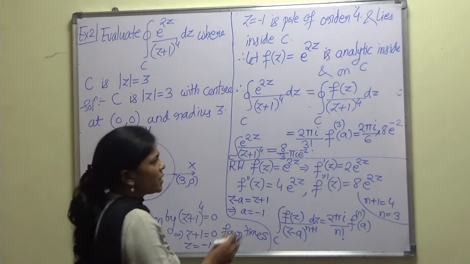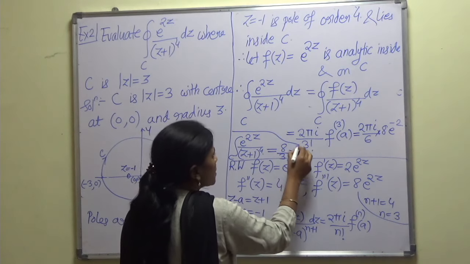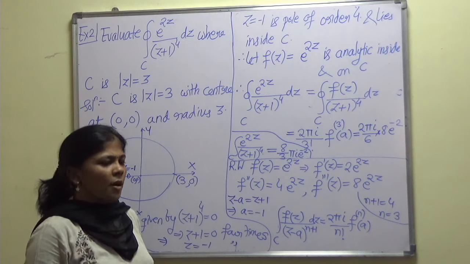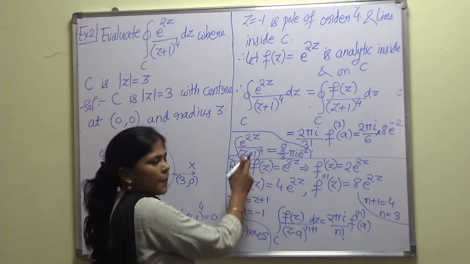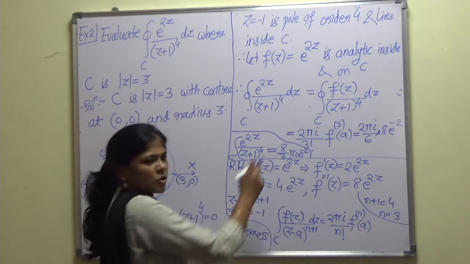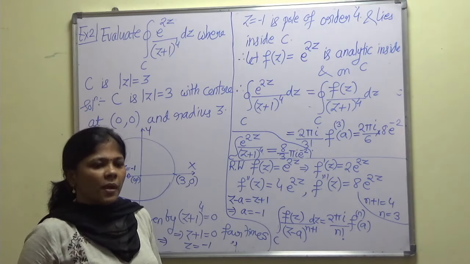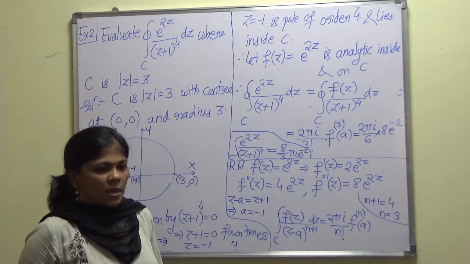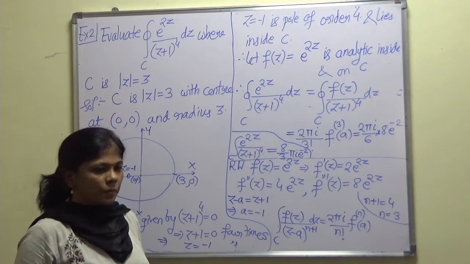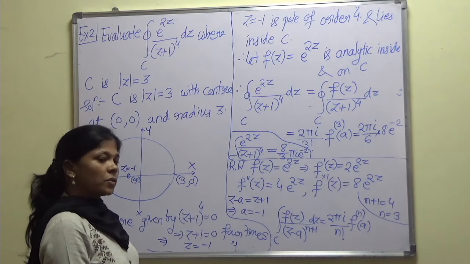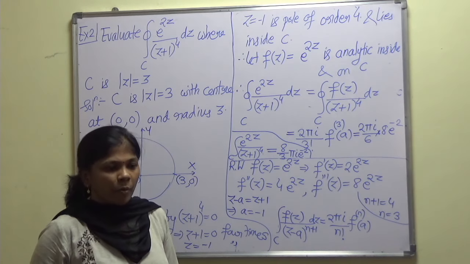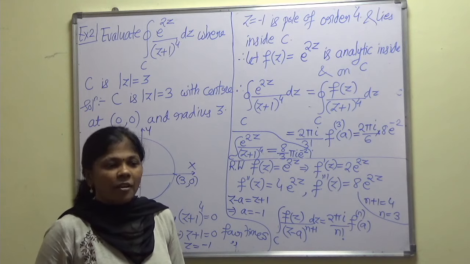So the answer is: integration over C of e raised to power 2z upon z plus 1 to the power 4 is 8 by 3 pi I e raised to power minus 2. In this way we can do the things. I hope this problem is clear to you all. In the next video lecture we shall see few more important examples and the different cases to solve.